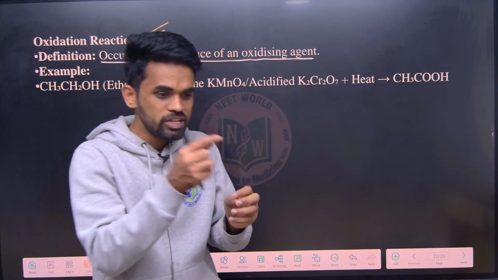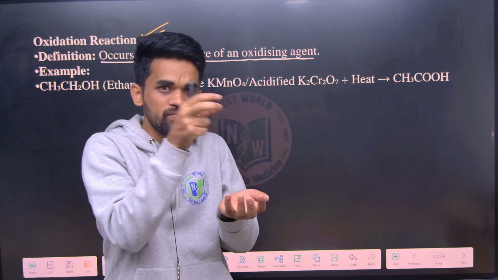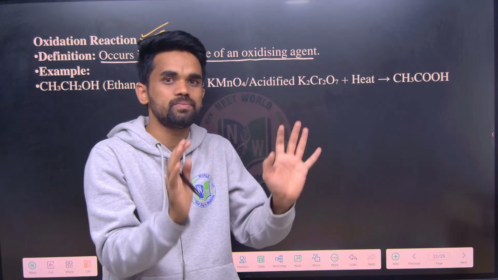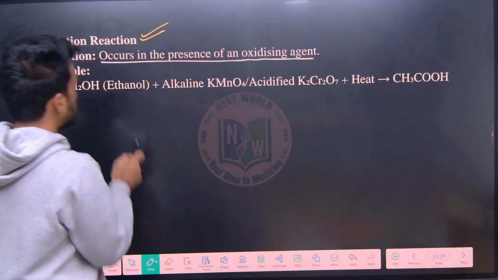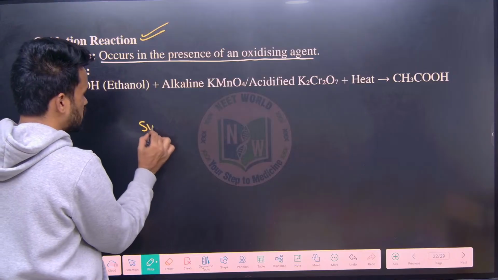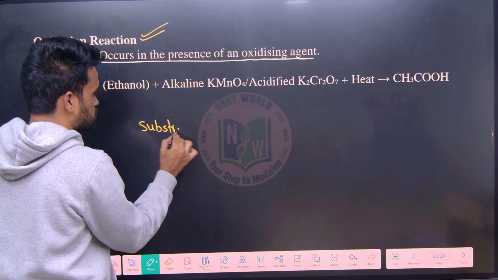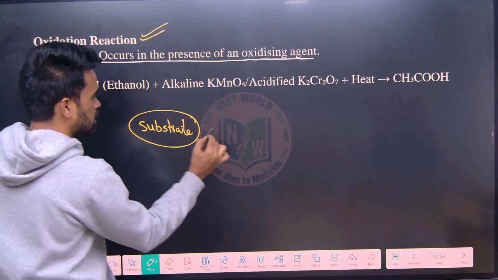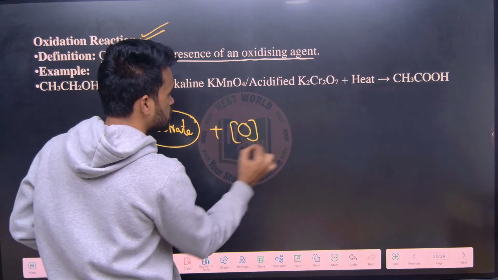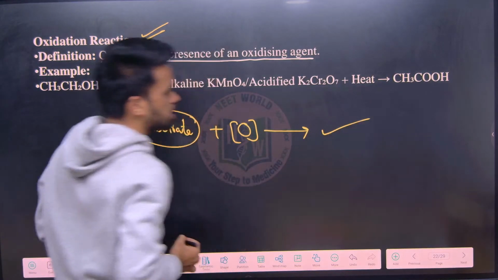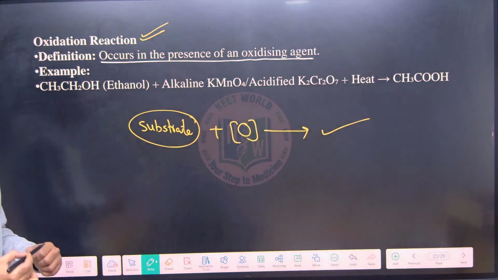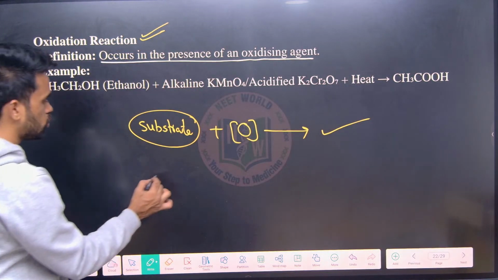Once again, addition of oxygen is called the oxidation process here. To whatever our starting material is, that is called the substrate here. To the given substrate, if we are adding oxygen, then you can call this process oxidation. What is that process called? Oxidation.